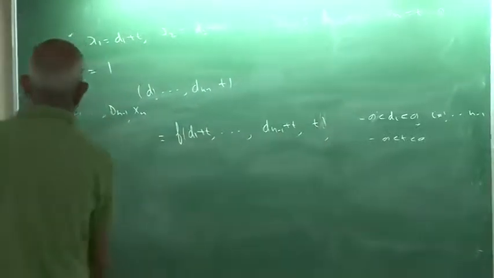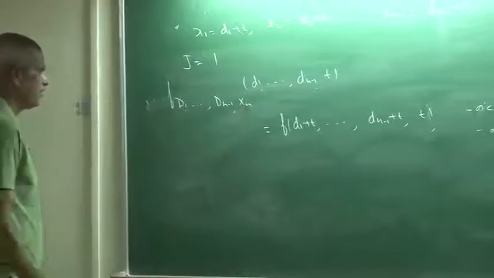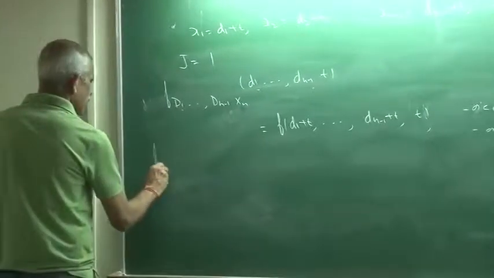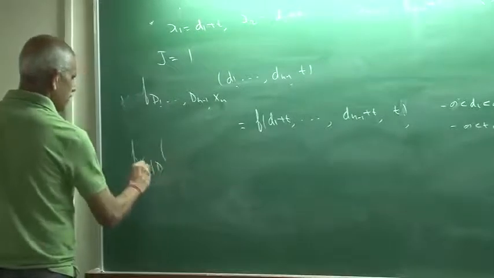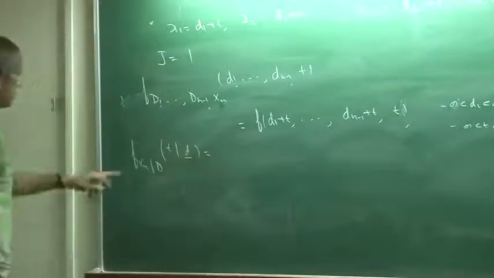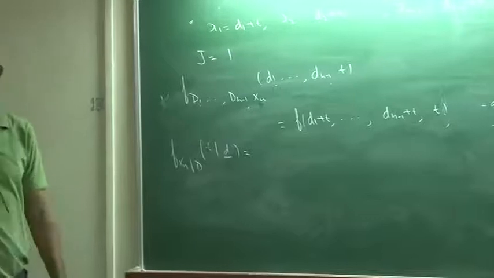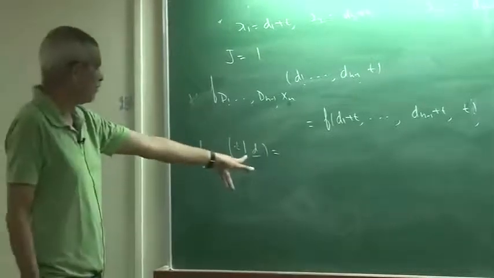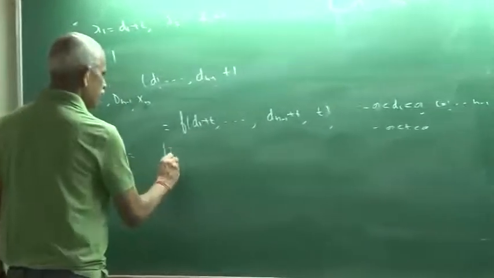For that, I need to find the conditional PDF of xn given D is equal to d, at the point t. So this is the same as the joint of xn and D, which is basically this.